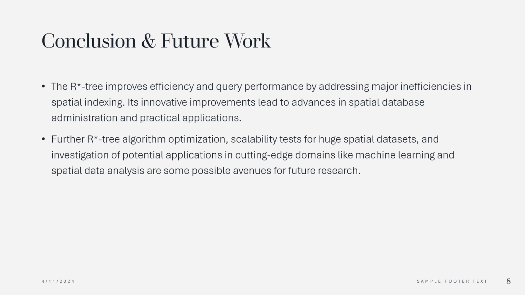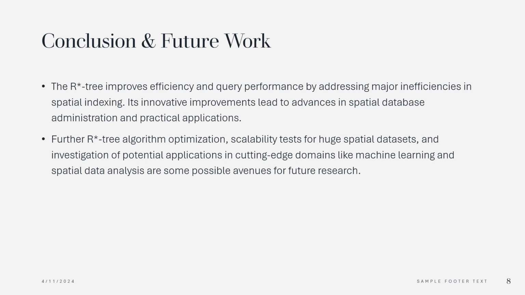And coming to the future work, while doing the R-star tree, we follow some algorithm, right? That can be optimized so that the efficiency will be increased more than this.